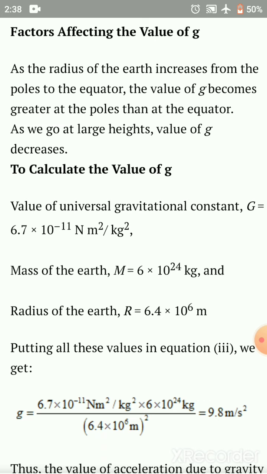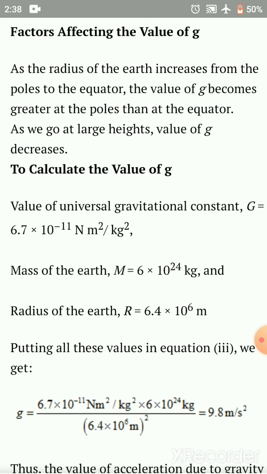In the formula, g is equal to capital G M upon d square. g is inversely proportional to the distance square. Therefore, if distance is greater, the value of g will be less. So we can conclude that the value of g becomes greater at the poles than at the equator.